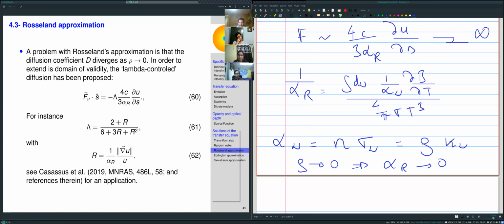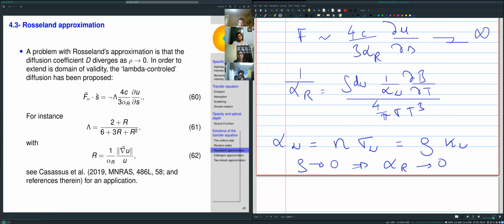There's no rigorous derivation of this. It is the result of empirical fits to sophisticated hydrodynamical simulations, including radiative transfer, which suggest that we can extend the Rosseland approximation a little bit further into the optically thin regime using the flux limited diffusion, which is basically this.